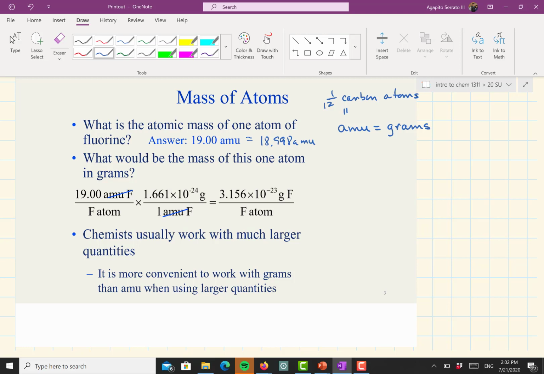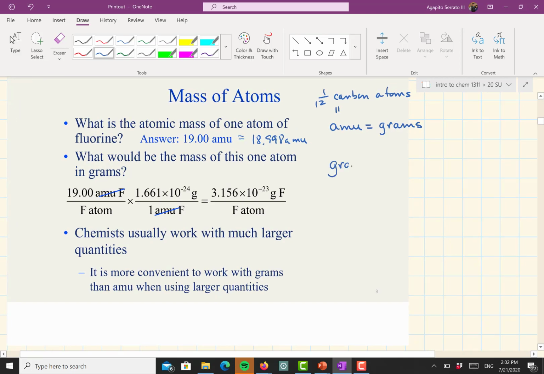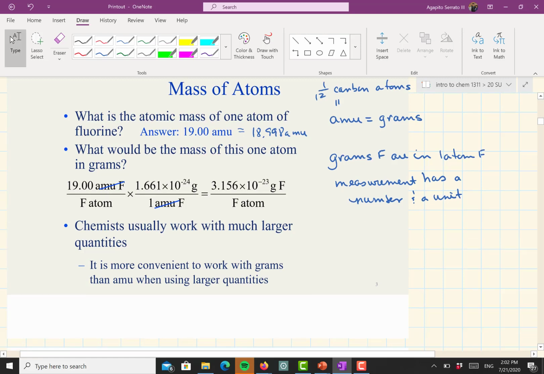Right? So here we're going to start off with, okay, we need to figure out how many grams of fluorine are in one atom of fluorine. And for any measurement, if you recall, every measurement has a number and a unit, right? So here we start off with our first part.